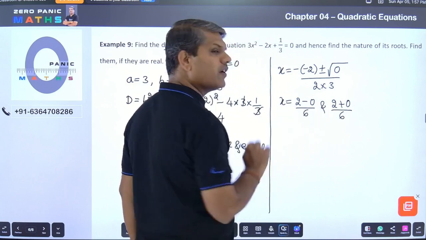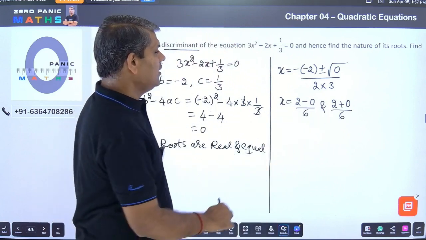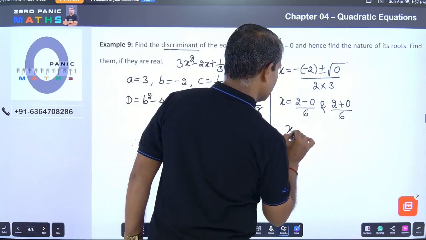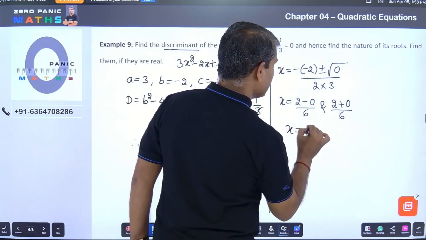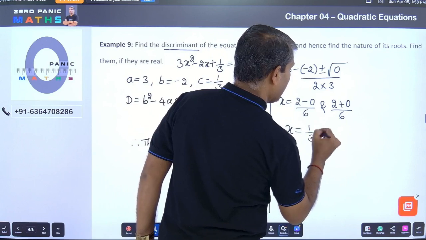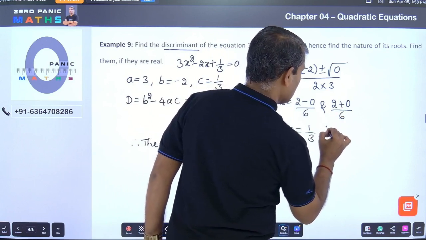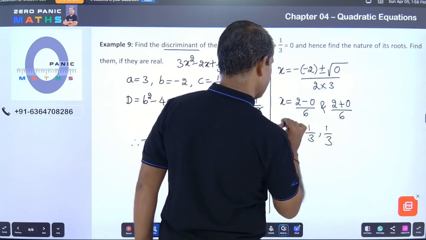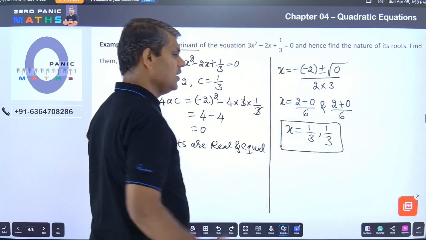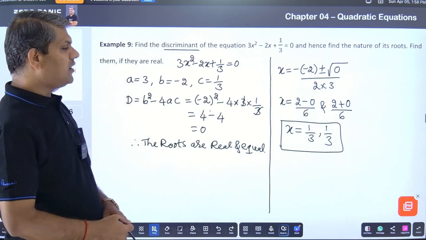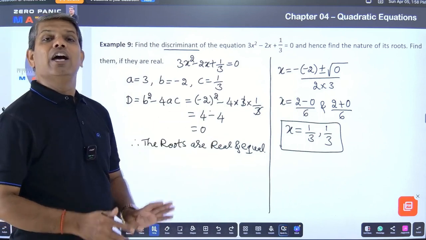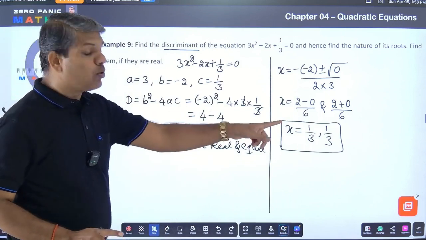These are the two roots. So x is equal to 2 by 6, that is 1 by 3, and 2 by 6, that is 1 by 3. So 1 by 3, 1 by 3 are the two real and equal roots.